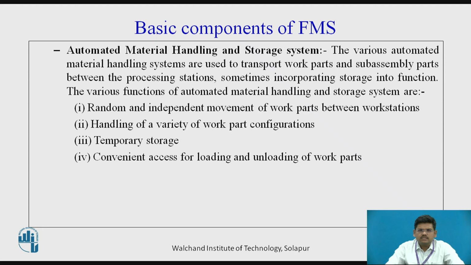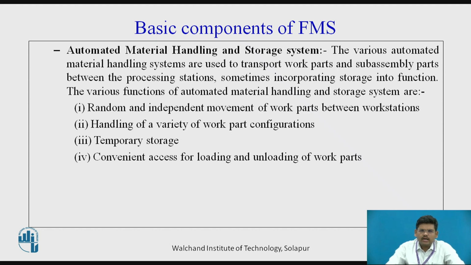The various functions are random and independent movement of work parts between workstations, transportation of the job from one machine to another after completion of operation on the first machine, or after completion of all the processes keeping the finished product in the storage system, or taking the raw material from the storage system and supplying it to the machines.